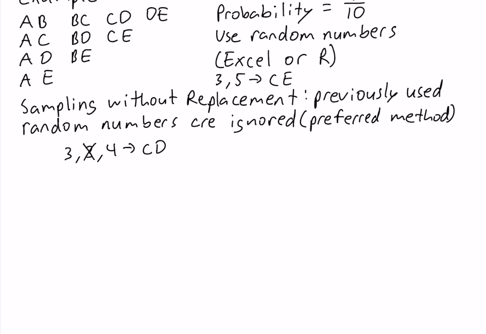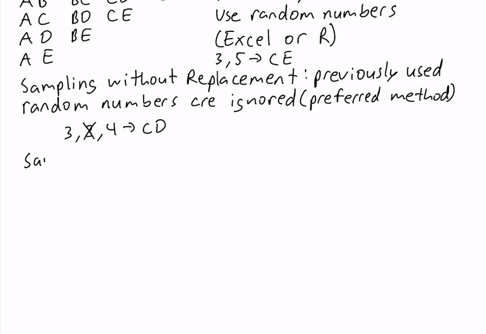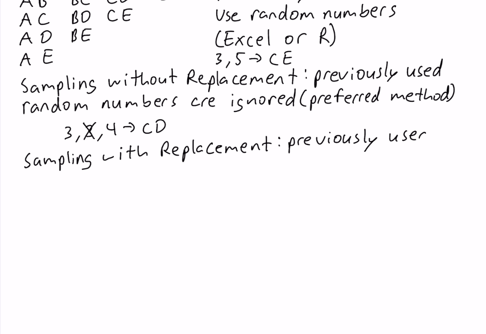An alternative method of sampling is called sampling with replacement. In sampling with replacement, previously used random numbers are acceptable.